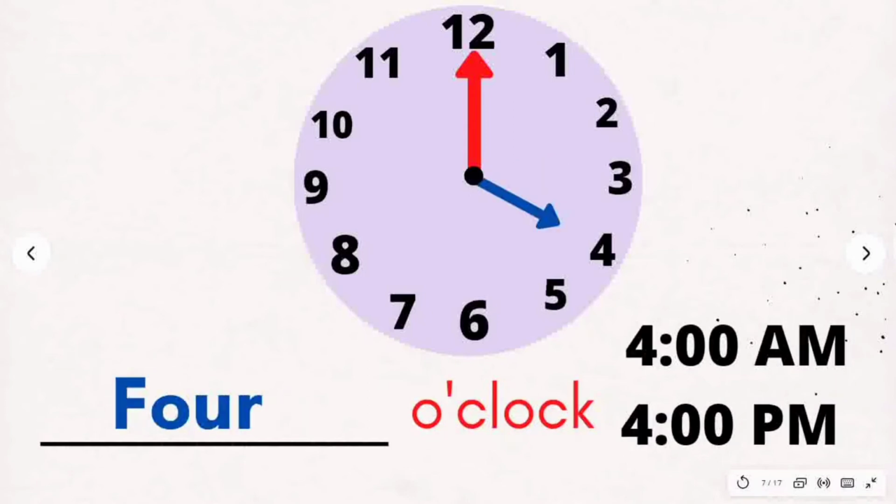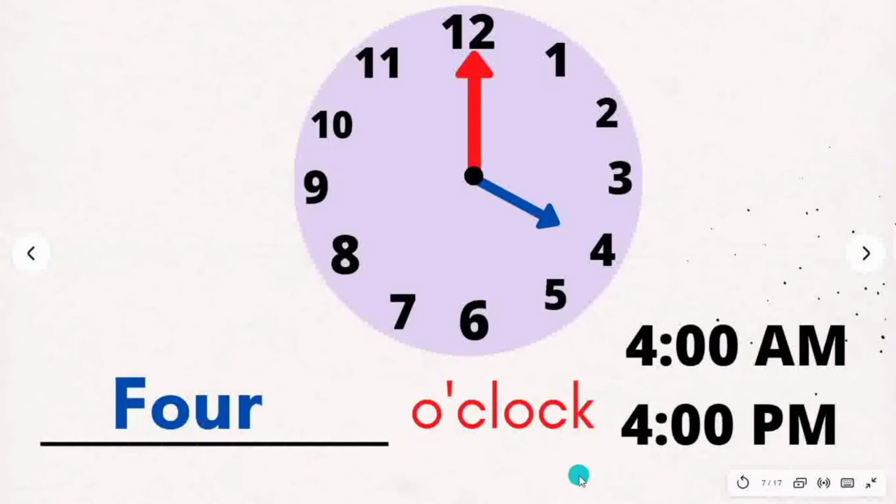This one is 4 o'clock. Why 4 o'clock? Because the long hand is showing number 12 and the short hand is showing number 4. Okay, so it will become 4 o'clock.